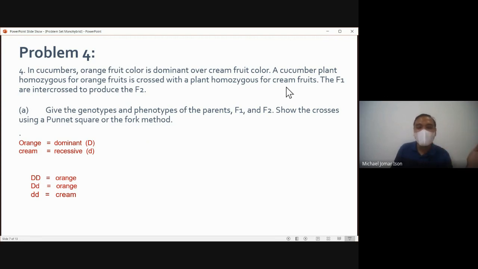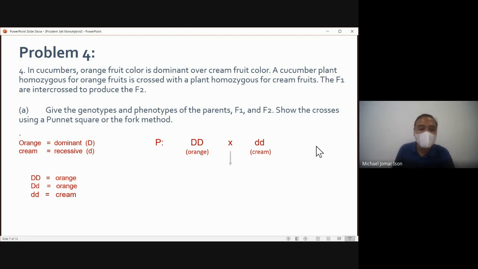So the only way that cream fruits can be expressed or shown is that it will be small d small d, it is homozygous as well. And that leads us to this genotype where the big D big D homozygote dominant is crossed with the small d small d, which is the homozygote recessive, the orange and also the cream. So we're done with the phenotypes and the genotypes of the parents.